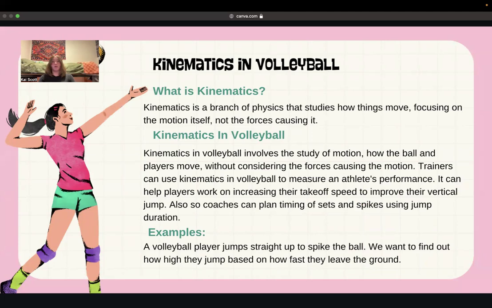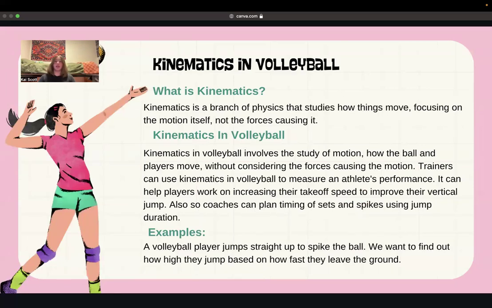Kinematics in volleyball. What is kinematics? Kinematics is a branch of physics that studies how things move, focusing on the motion itself and not the forces causing it. Kinematics in volleyball involves the study of motion, how the ball and the players move without considering the forces causing the motion.